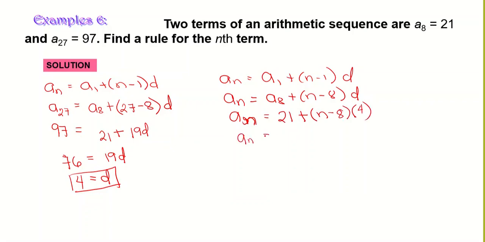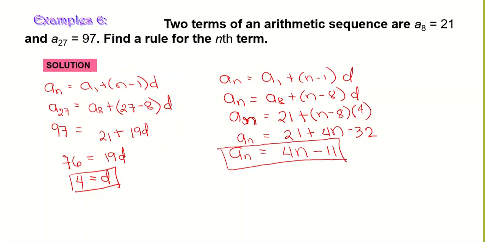So a sub n is equal to 21 plus, by distributive property, 4n minus 32. With this, we have a sub n. A sub n is equal to 4n. Negative 32 plus 21 is negative 11. So we have the same general formula of the sequence even without solving for the first term.